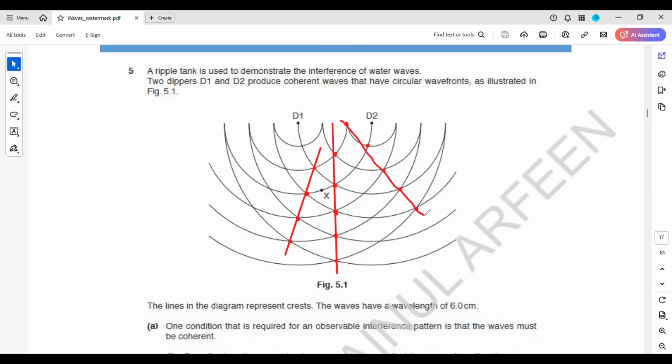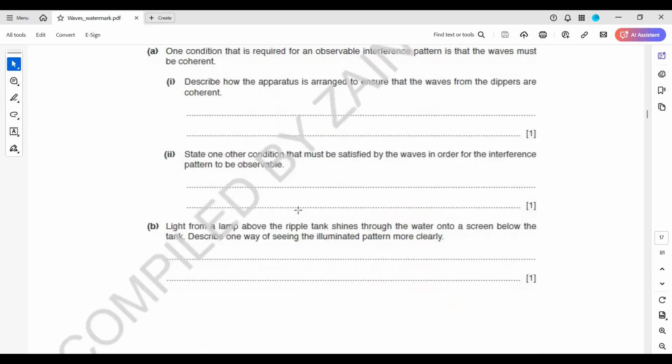So maybe when I join, this will also be a constructive interference. Maximum I have 1, 2, 3, 4, 5 in this, so definitely this will be the longest line. So we just have to draw a line with the maxima on it.